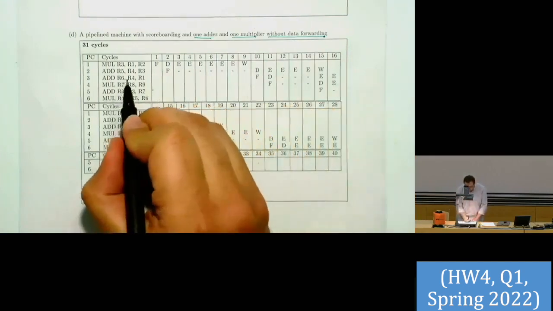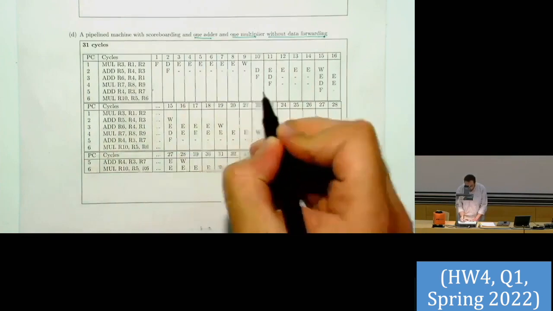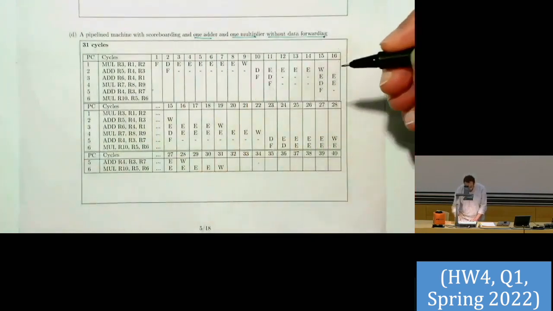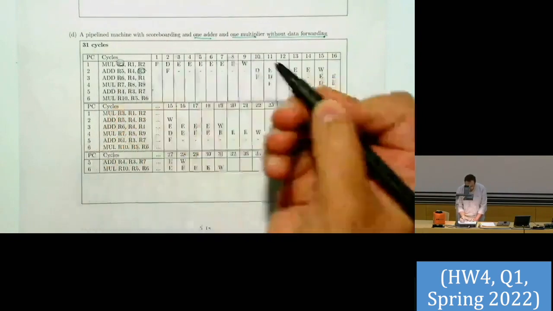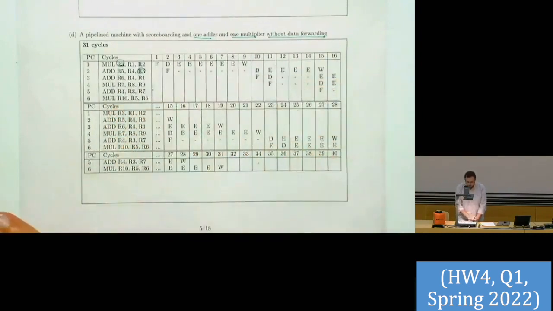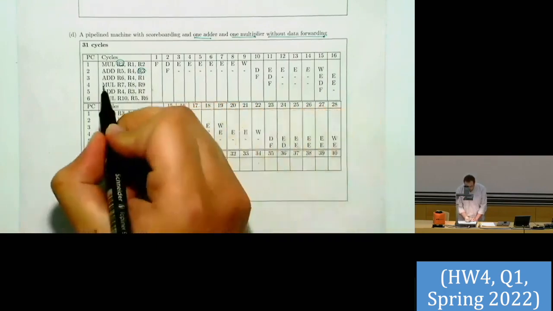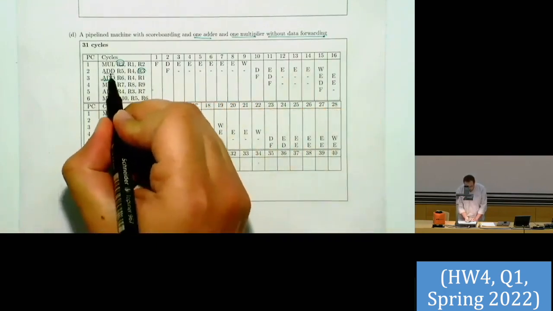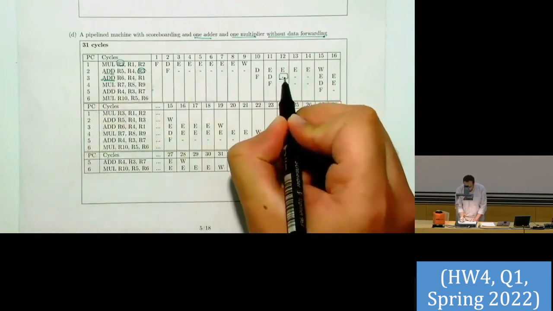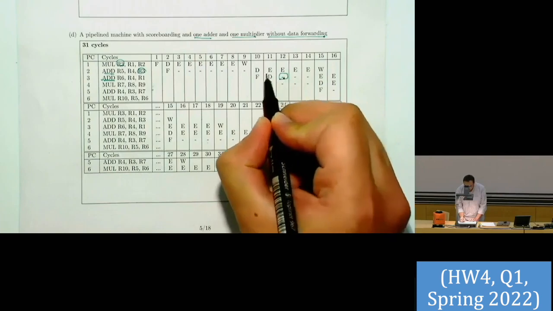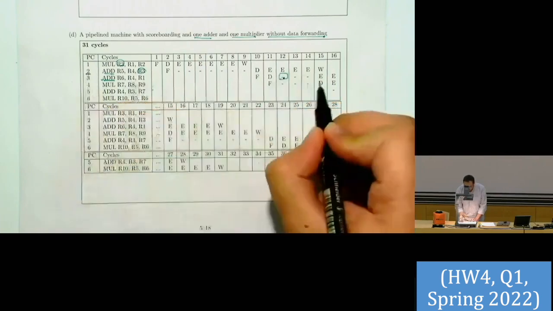So here, this R3 is exactly as in the B part of the question. But when we have the second add here, then we cannot start executing here because at this cycle, the adder is being used by the second instruction.